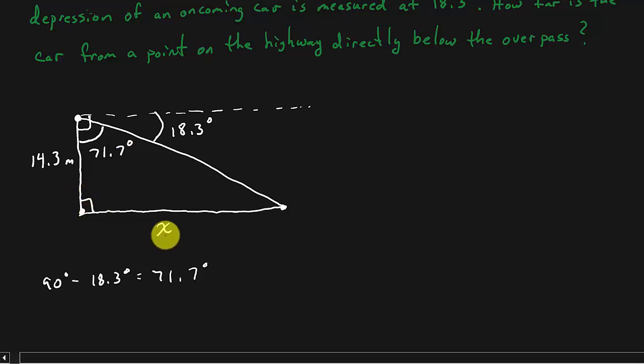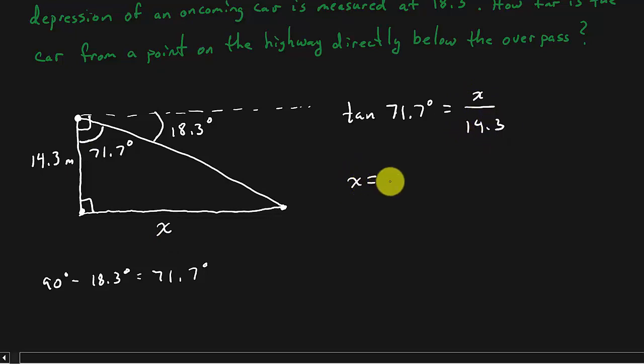So now let's find x. Well, I know this angle, right? Well, this is the side opposite. This is the side adjacent. So I know tangent of 71.7 degrees is opposite over adjacent.